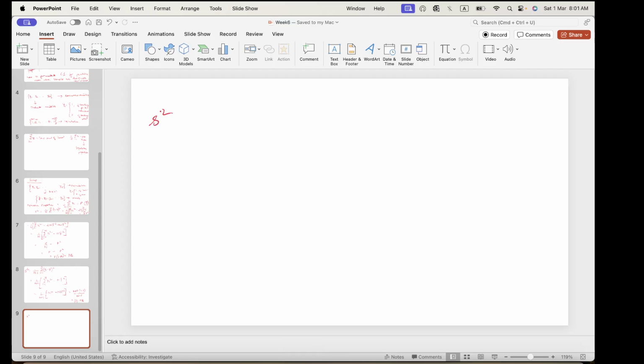So small s square is what? It's the same thing as capital S square, but the sample version of it. So it would be 1 by small n minus 1 summation i equal to 1 to n small yi minus small y bar whole square.